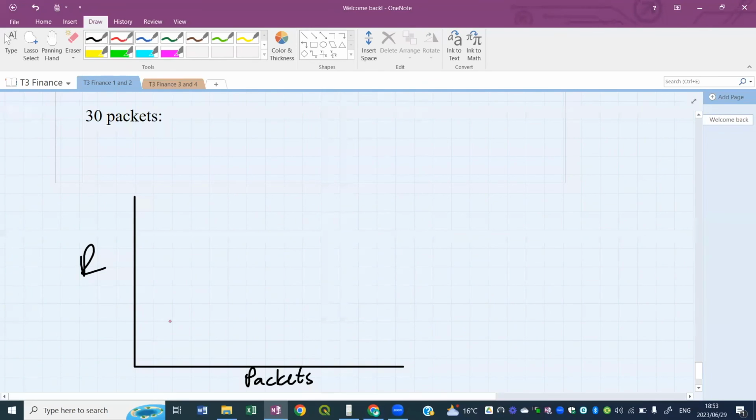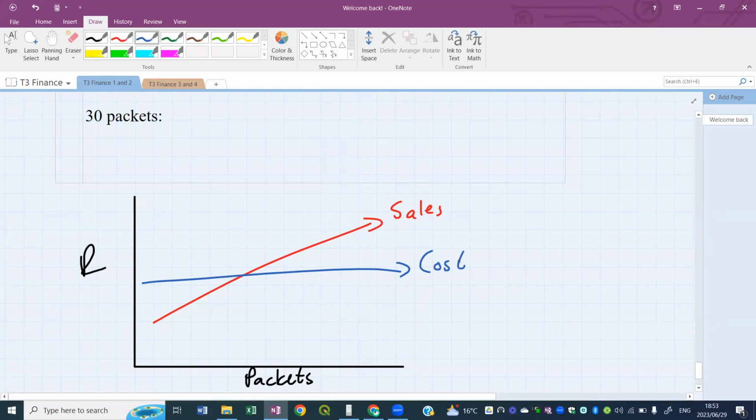And we are going to plot a graph for sales. And we're going to plot a graph for costs. And we are going to see where we start making profit and where we start making loss.